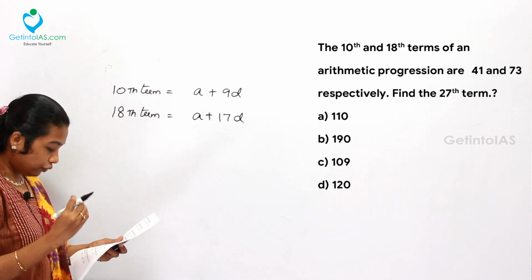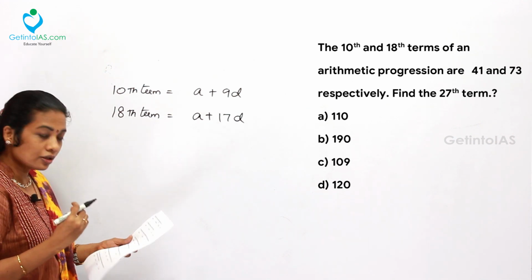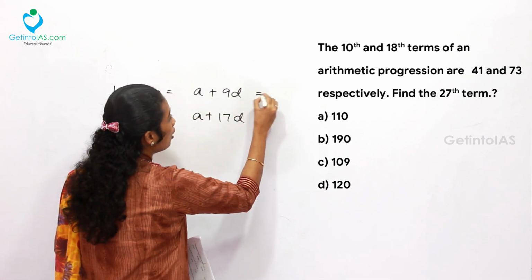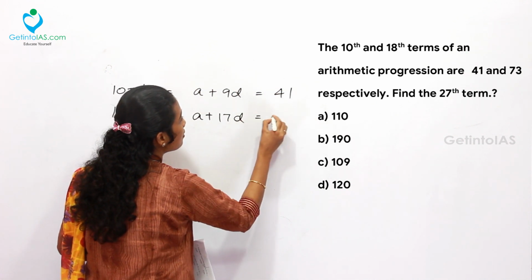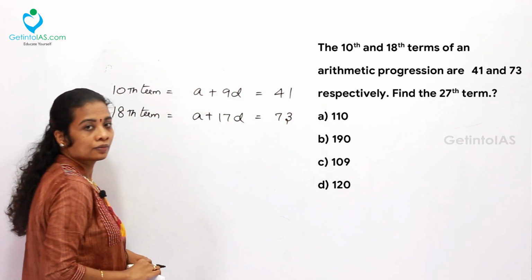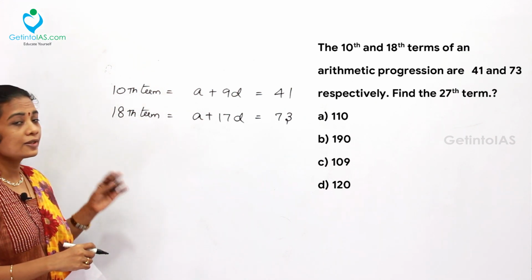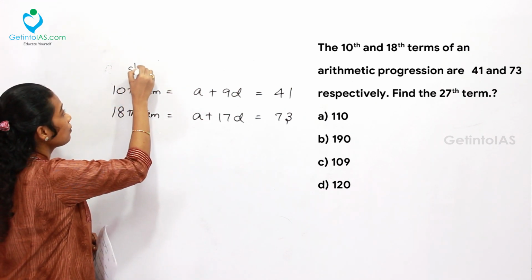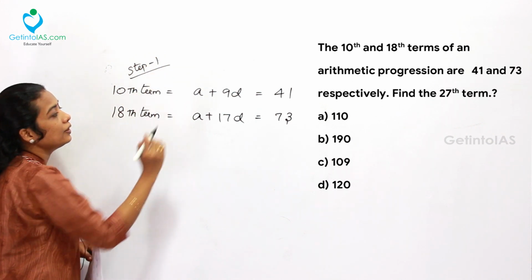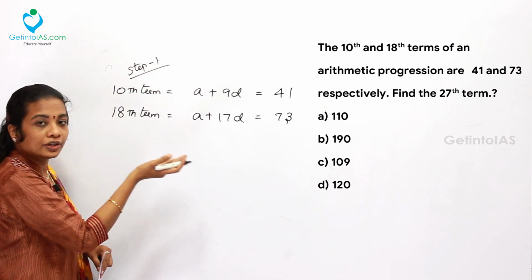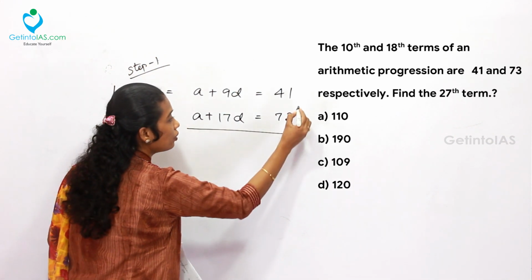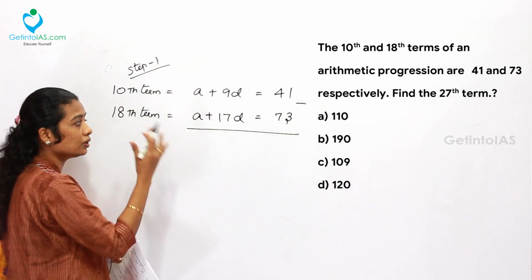The given values for the 10th and 18th terms are respectively 41 and 73. That's all. Now you will have to find the 27th term. That is the next step. This is step 1: first you will have to find D. What are the things common here? You can simply cancel. So here subtraction. Ignore the negative value.